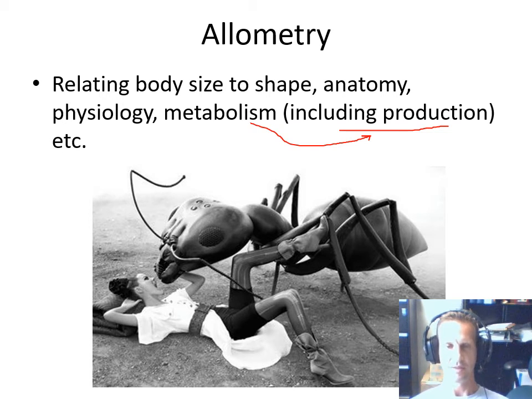And for many other reasons, there are limits on size and body structures. And these constraints on how organisms are built and how they function internally that are related to size also affect their productivity, their secondary productivity.